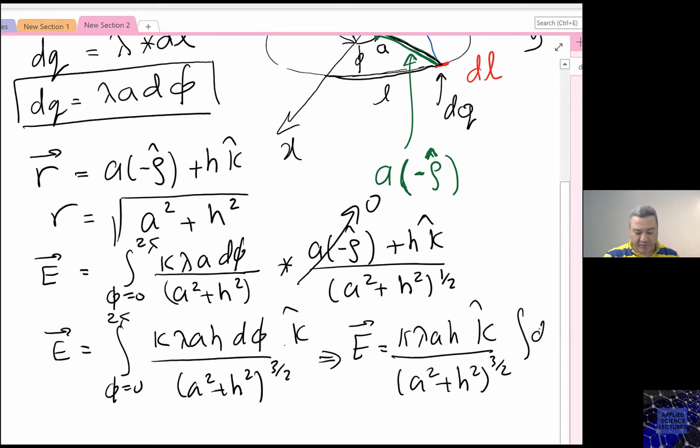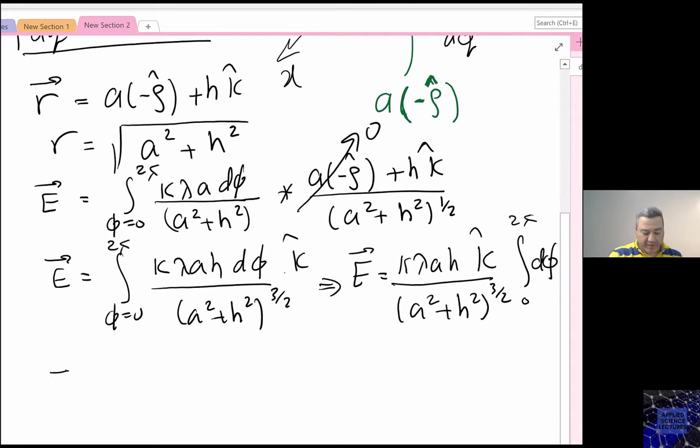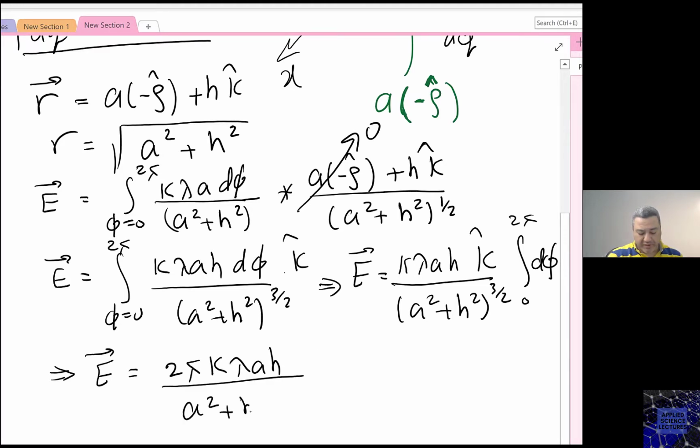The integration of phi from 0 to 2 pi is going to give me 2 pi, and the final electric field would be 2 pi k lambda a h divided by a squared plus h squared to the 3 over 2, direction is k hat.